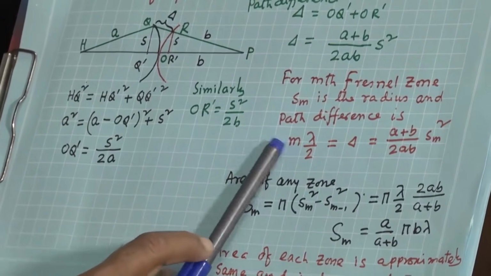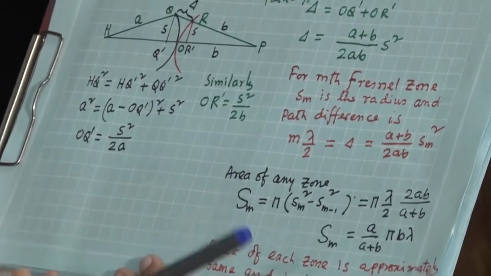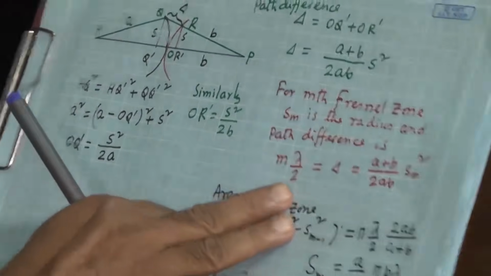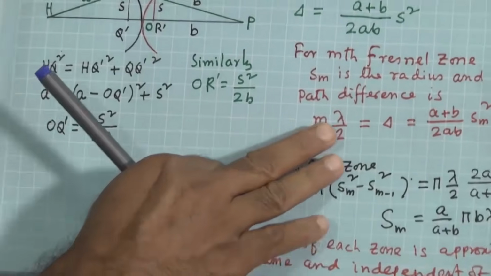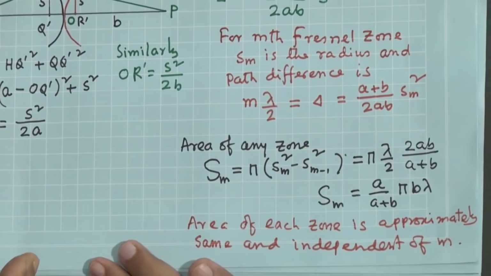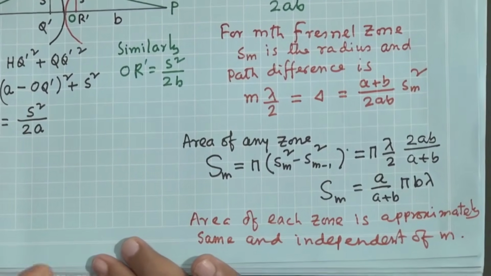So, when the path difference will be m lambda by 2, then what will happen? These two lights having the path difference lambda by 2 when m equals 1, they will be in opposite phase. Lambda by 2, that corresponding phase will be pi, opposite phase.